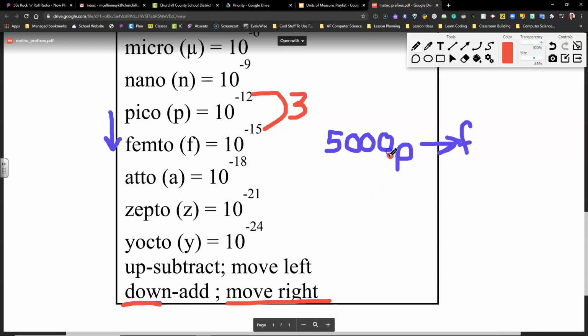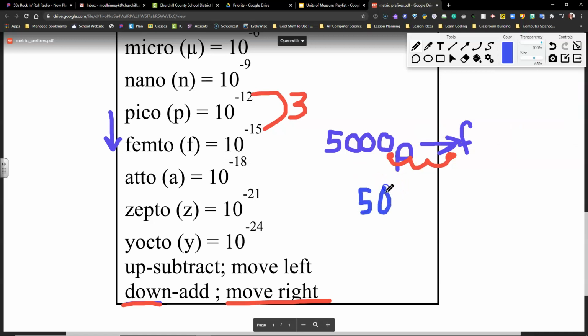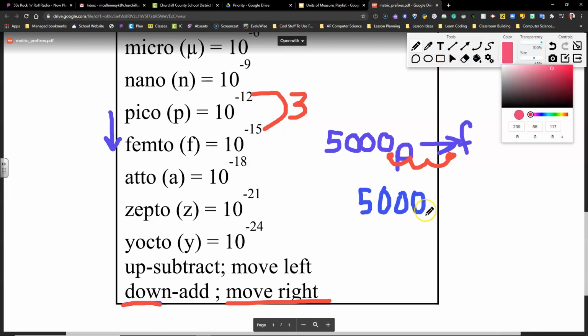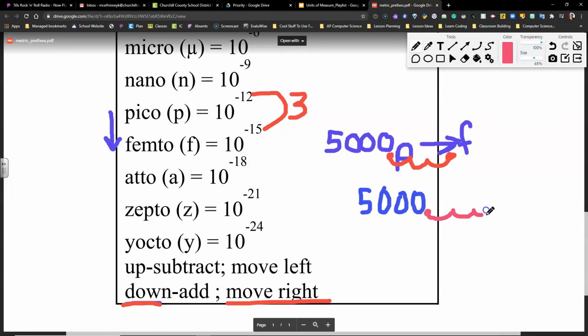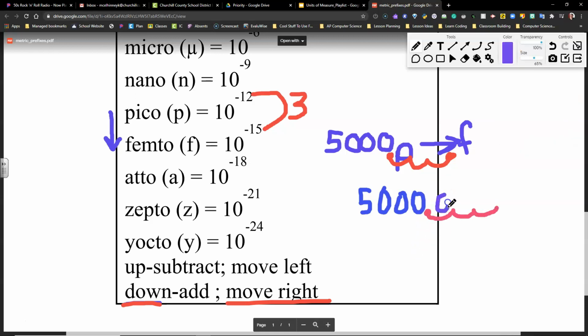Here's my decimal place. I move it to the right 3 spaces, so that's 1, 2, 3. When you move the decimal place and there are no numbers there already, you fill it in with zeros. So we started off with 5, 0, 0, 0, and we moved the decimal place 3, and since there aren't numbers there already, we fill them in: 1, 2, 3.